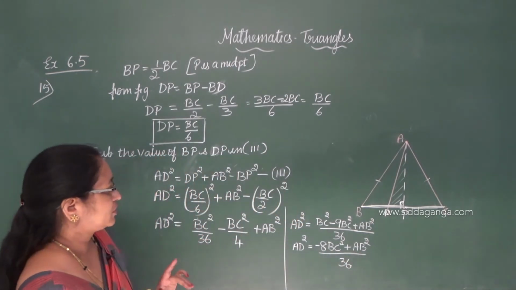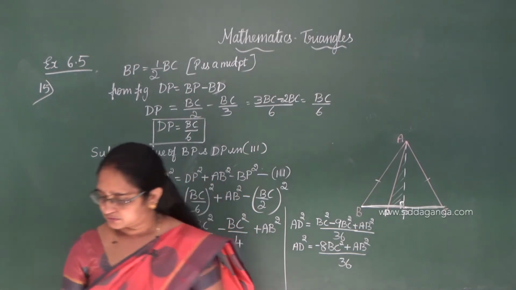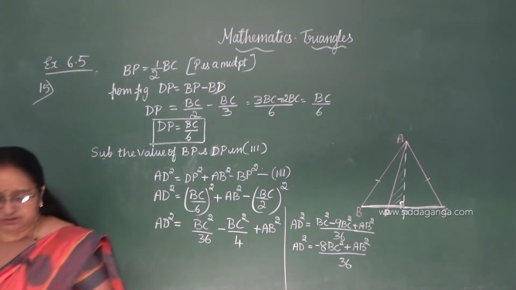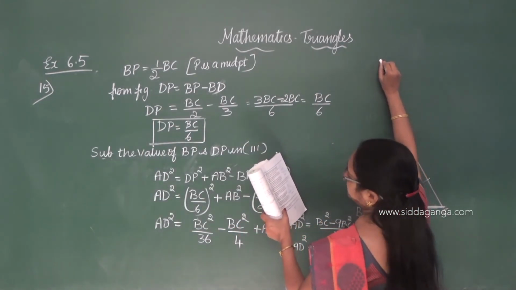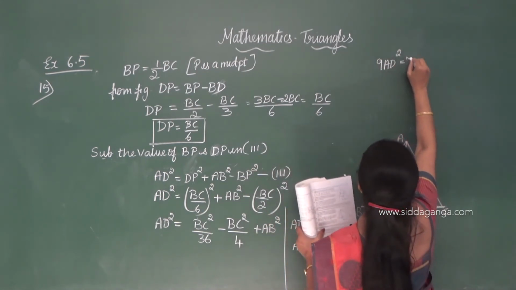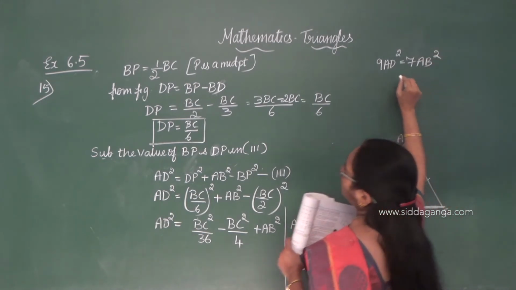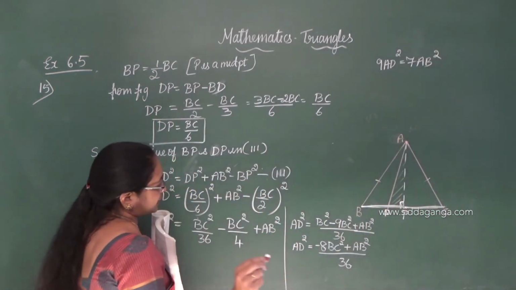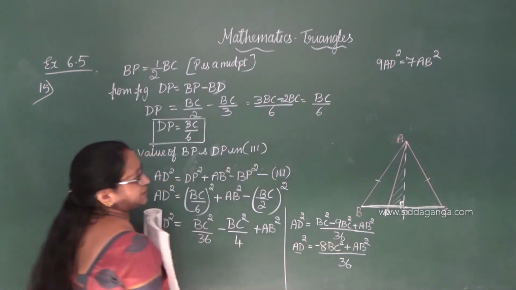Okay. Now, but here what is the question we need? In the question they have asked us to prove that 9 AD square is equal to 7 AB square, correct? So according to this, I don't want BC.